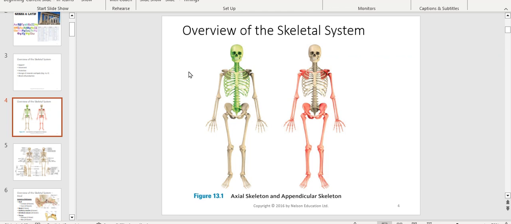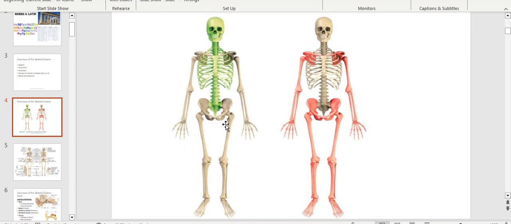All right, so we started off with the axial skeleton. The axial skeleton is just the cranium, the vertebral column, and the rib cage. There is no movement associated with the axial skeleton, per se. Yes, in the spine there is some movement, but really no locomotion. That whole aspect goes with the appendicular skeleton.